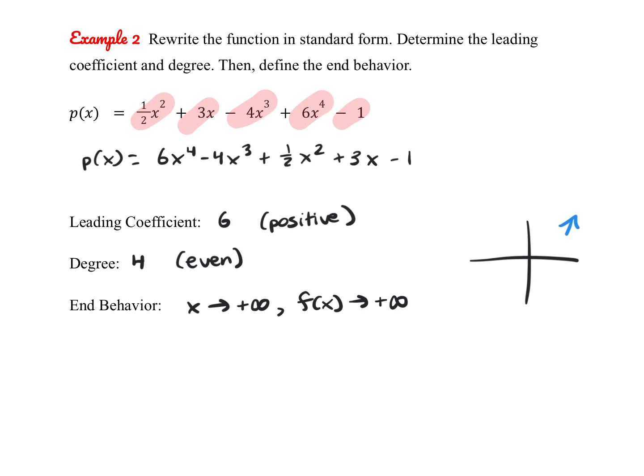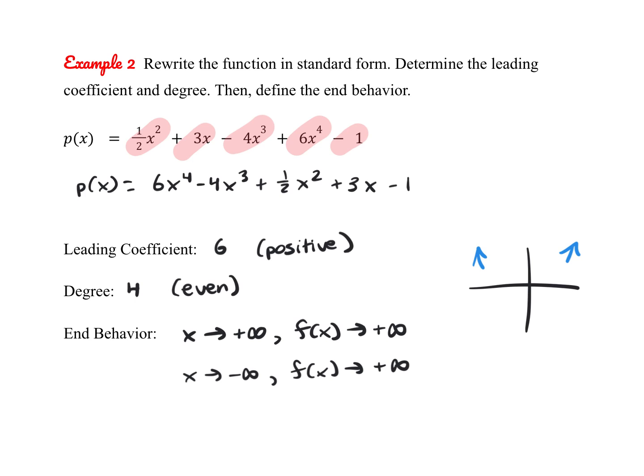Now, since our degree is even means our end behavior matches. So this side will also go up. Even means match your end behavior. So that means as x approaches negative infinity, which means going to the left, f of x also approaches positive infinity. And that's it.